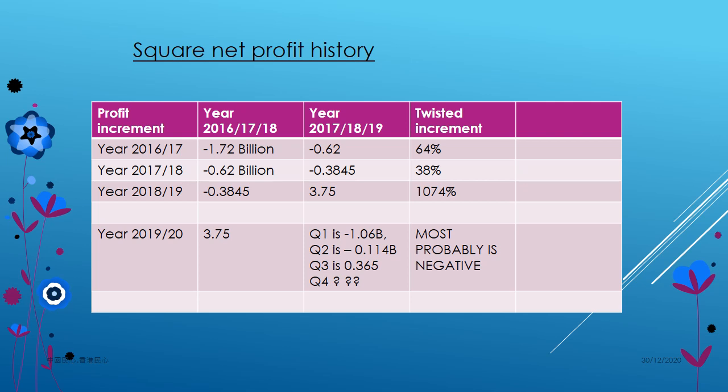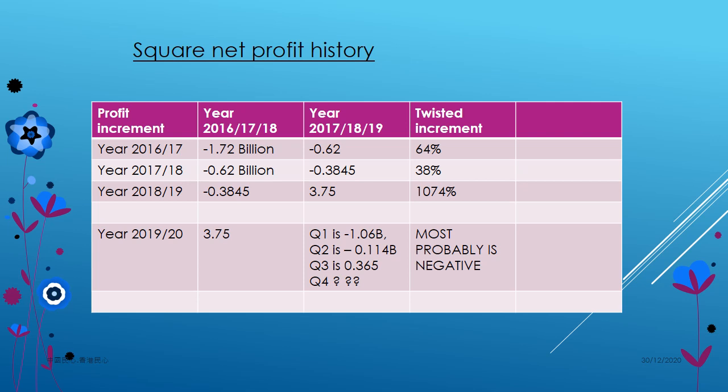Okay, let us move to this year. From 2019 to 2020, the year just passed. It moves from 3.75 billion to 2020. The last quarter's performance is not announced yet, but we can see Q1 still lost. Q2 also lost, but lost less.